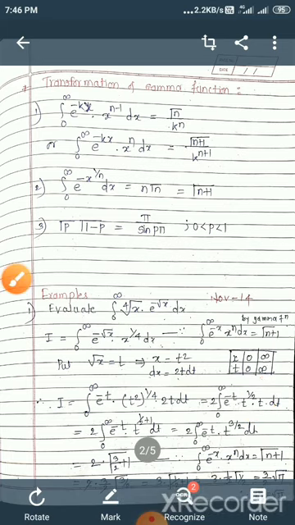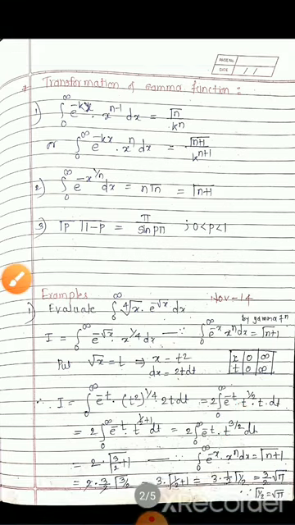Now using our gamma function formula, this is nothing but 2 into gamma n plus 1, where n is here 3 by 2, so gamma of 3 by 2 plus 1. Using our gamma properties, we have to express it till the gamma symbol is dissolved.